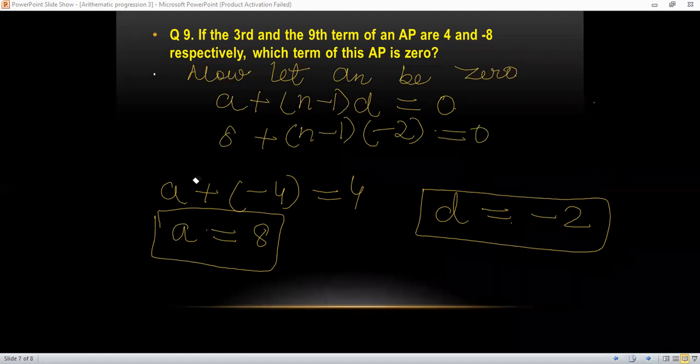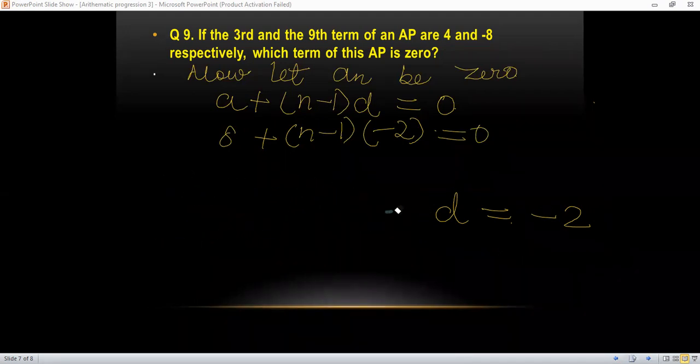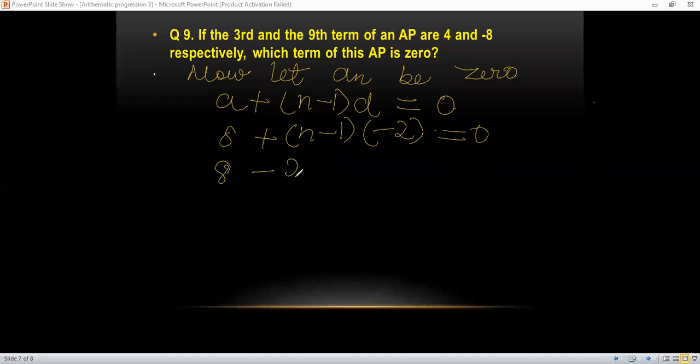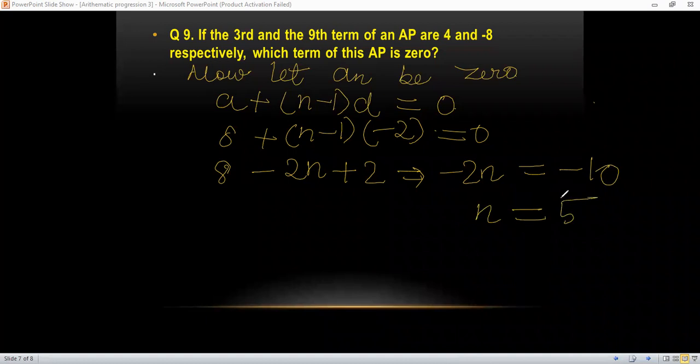Now solve the equation: 8 minus 2n plus 2, that is 2n is equal to 10. So n is equal to 5.